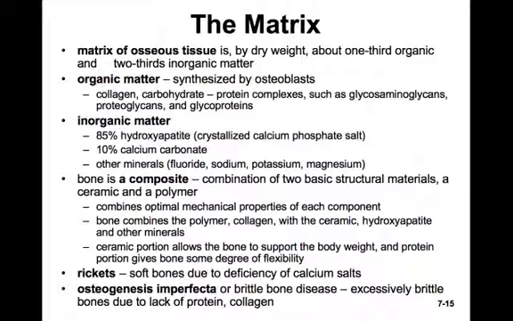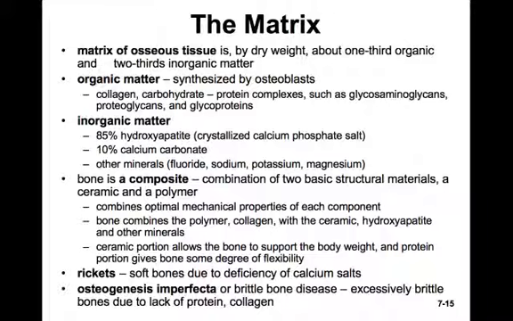The organic matter, the collagen and these carbohydrate protein complexes, form sort of the rebar structure. It's soft and bendable. And then we fill it in with inorganic matter, like the concrete. Here, in this case, mostly calcium and phosphate with calcium carbonate and these other minerals. That firms up the structure.